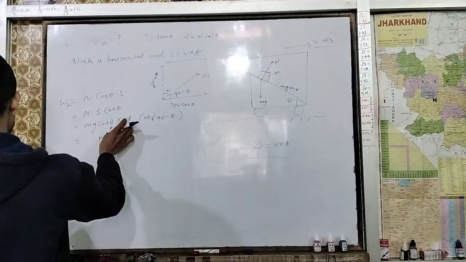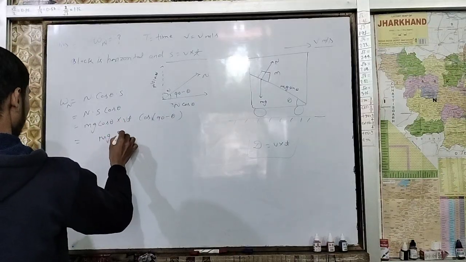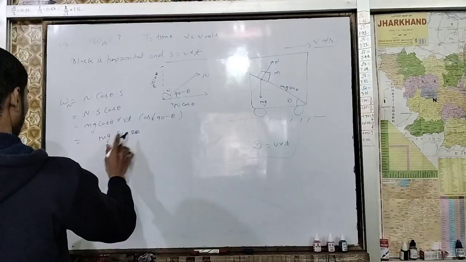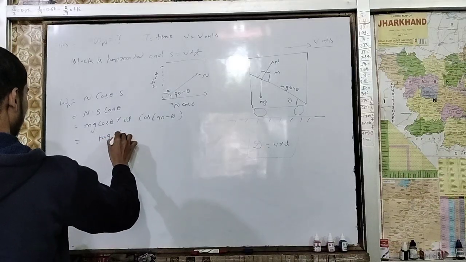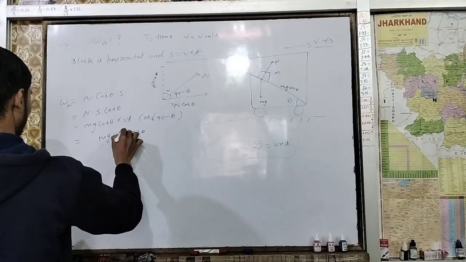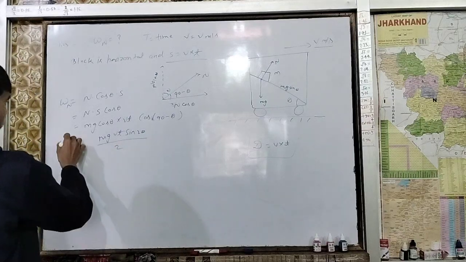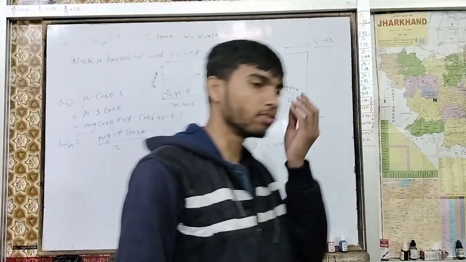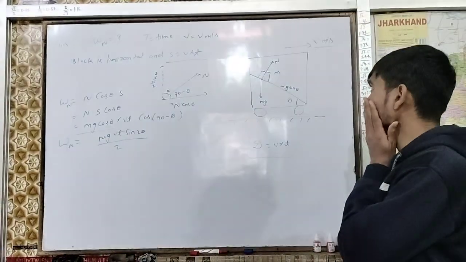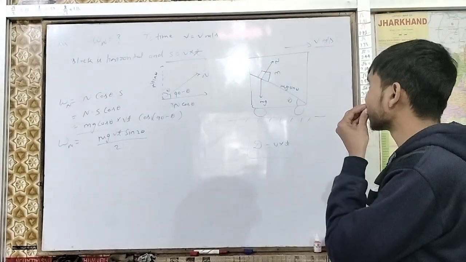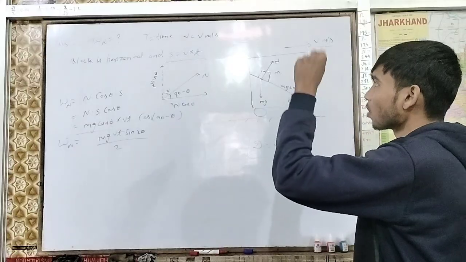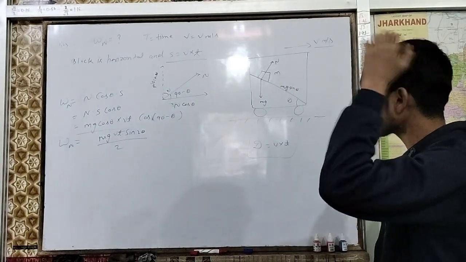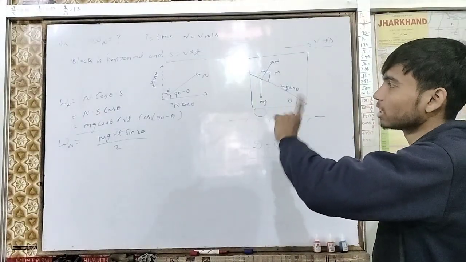mg vt sin 2 theta upon 2. This will be our final work done by the normal reaction. mg is compulsory, because this is going downward, so mg will be our force and vt is our displacement.